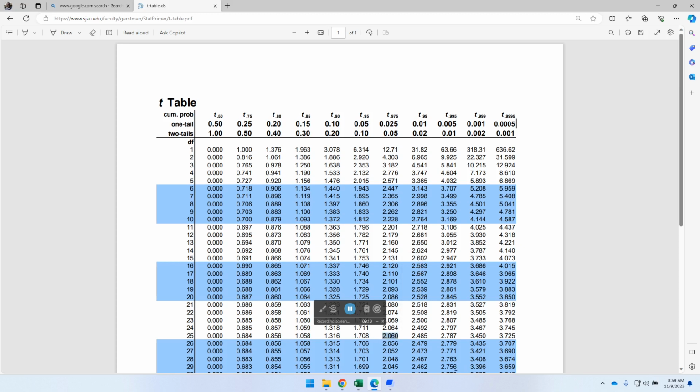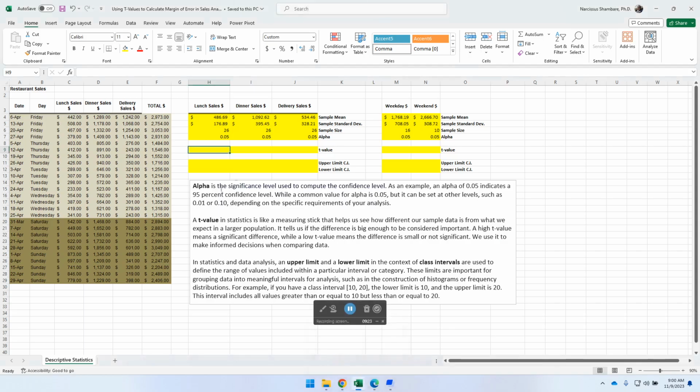So it's actually 2.060. So basically, I'm able to read it. It's going to be exactly the same t-value for the same sample sizes. Let's say, for example, it will be the same 2.060.